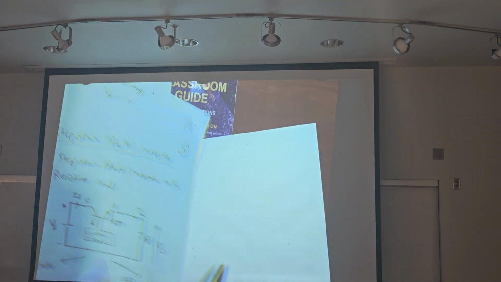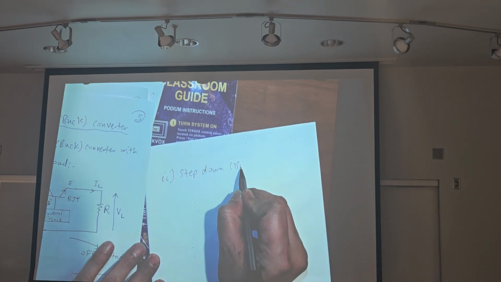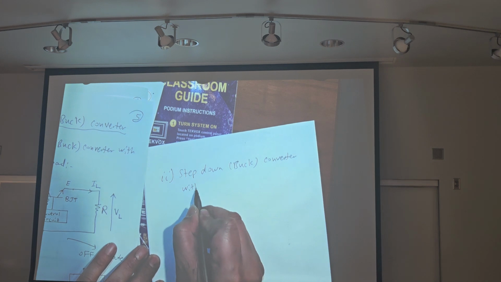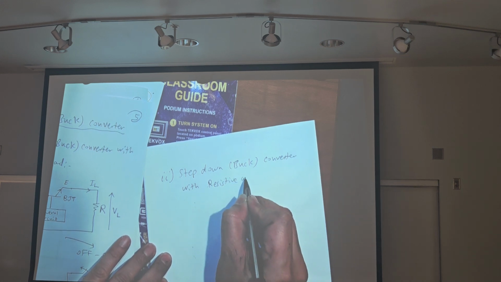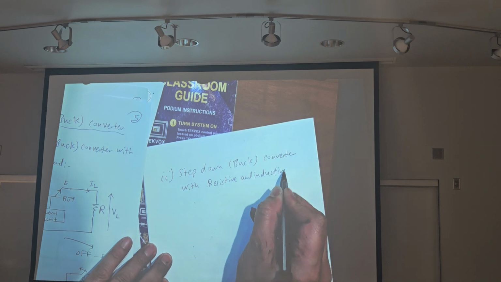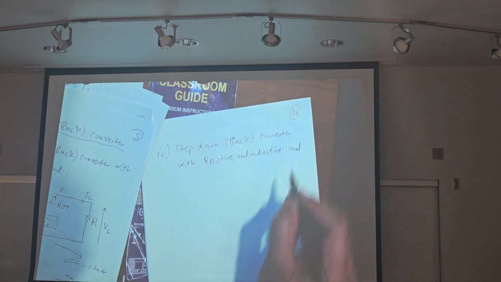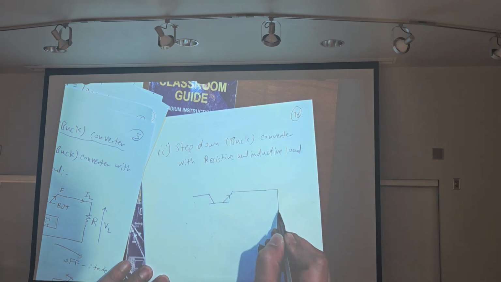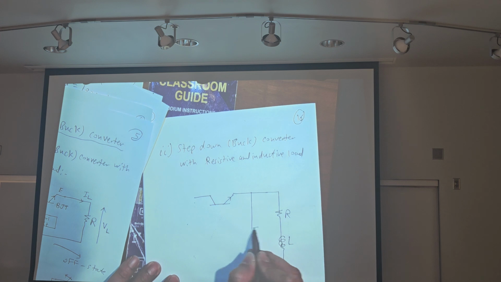This is with resistive load. We draw the buck converter with R, L, and we need a freewheeling diode.